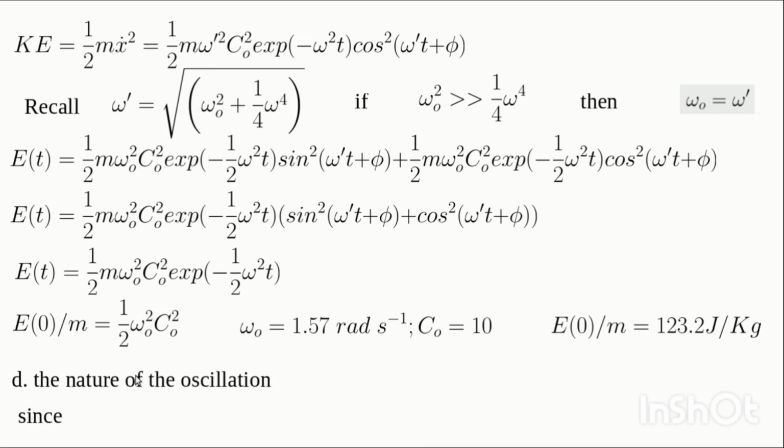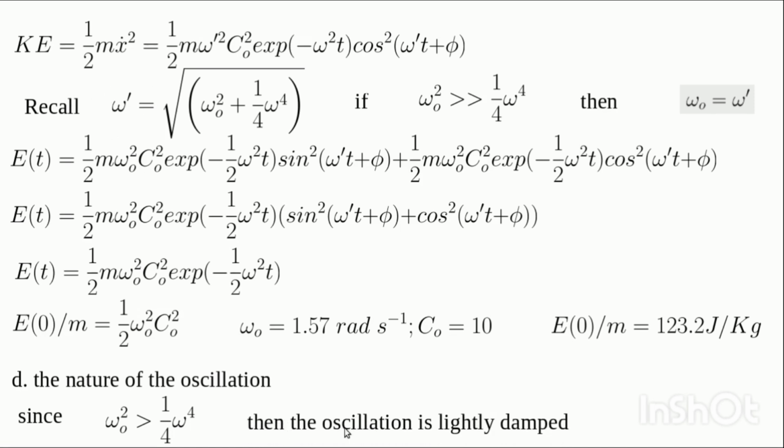And that's the fact that since we have W naught far, far greater than these parts, so we've seen it, that this one, W naught, if we square it and we solve for this one, is far, far greater than this. You can check the calculation with those expressions that we've given. Then we'll notice that this one is greater than this. And if this is greater than this, that means this part is positive. And if that's the case, then the oscillation is slightly damped.